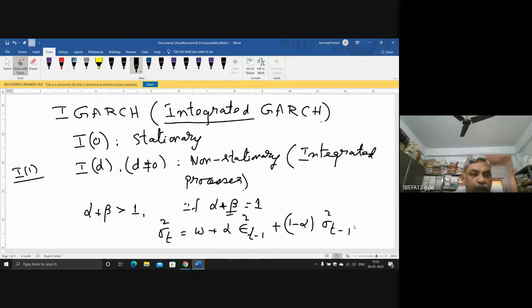You have packages wherein, if the sum is very close to unity, I mean exactly unity, you have to model it with this conditional variance equation.